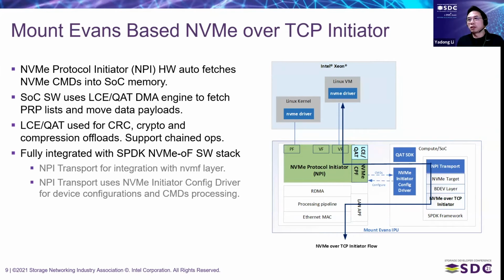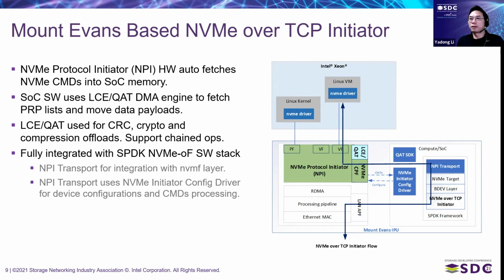Once this MPI transport is in place, it enables a large software use from SPDK, and we go through the BDEV layer and the NVMe over TCP initiator. SPDK comes with different solutions, which Zian will talk about in the next few slides, right?